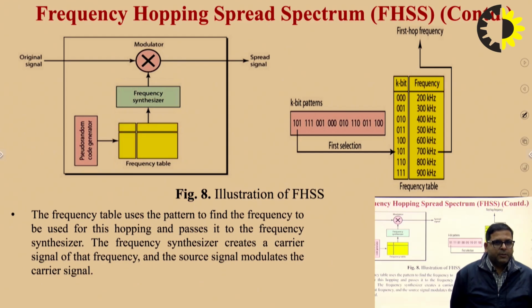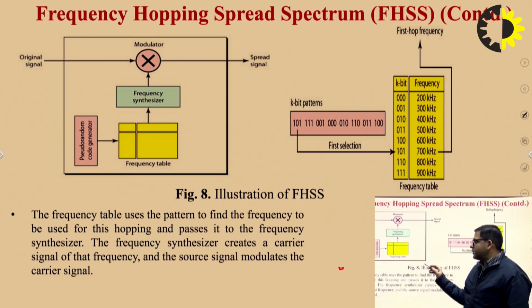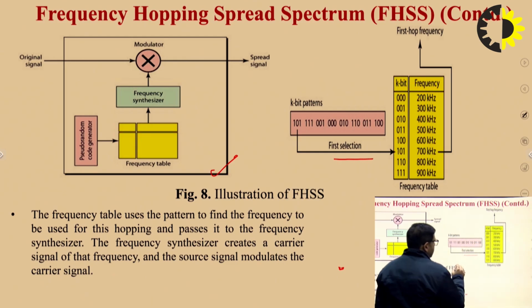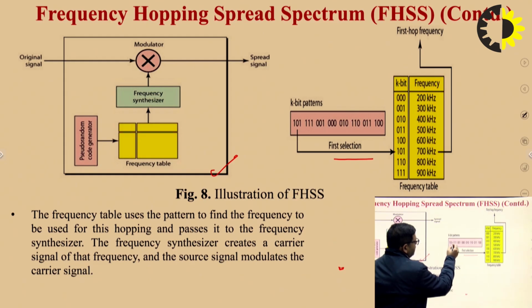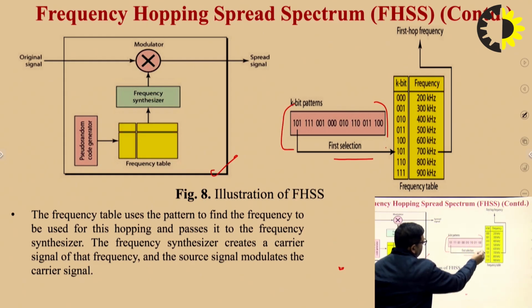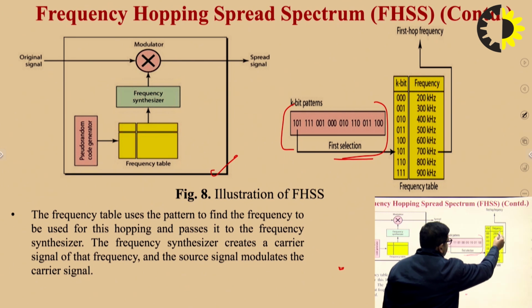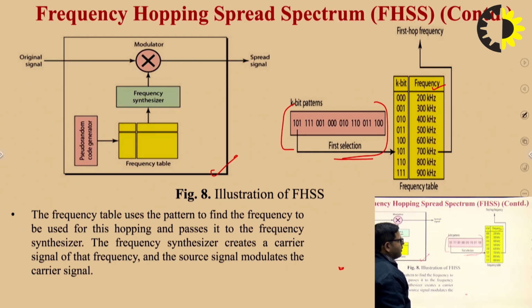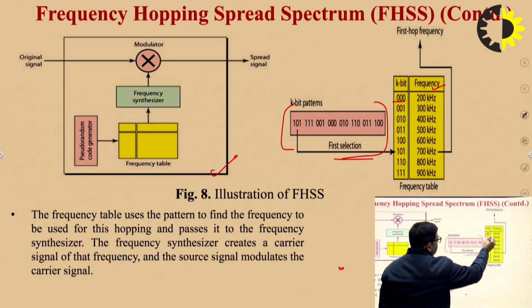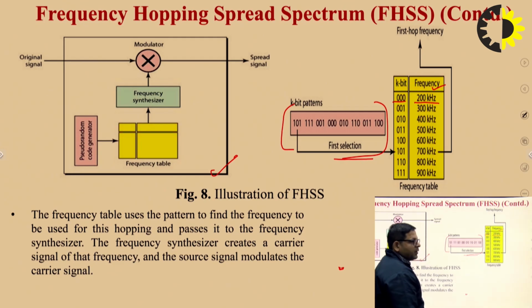We can explain the working of this transmitter with the help of these two tables. In these tables, we have different combinations of the PN sequence, and corresponding to each sequence, the frequency the frequency synthesizer will generate is reflected in this portion. For example, when we have a combination of 000, the frequency synthesizer will generate a frequency of 200 kilohertz.